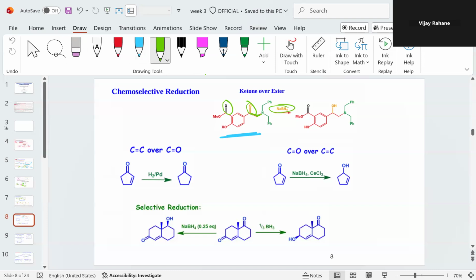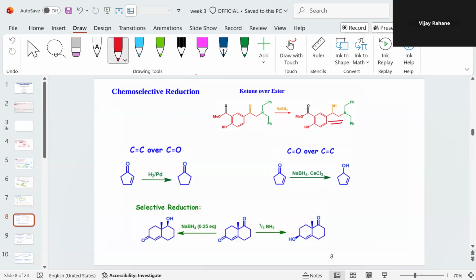If you add the NaBH4, this NaBH4 is a mild reducing agent. It only reduces the ketones, giving the ester unaffected. So it will give the selective reduction of this ketone over the ester. So this is what you get in the product, where only the ketone is reduced, and the ester group will remain unaffected.